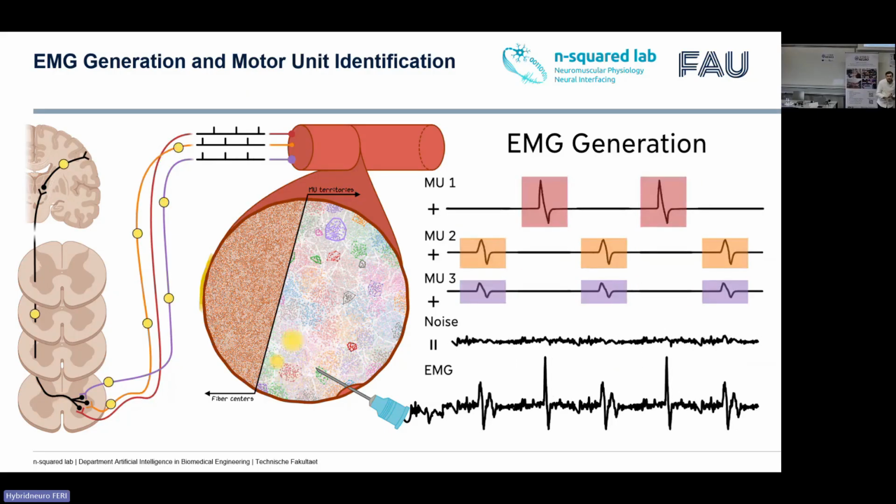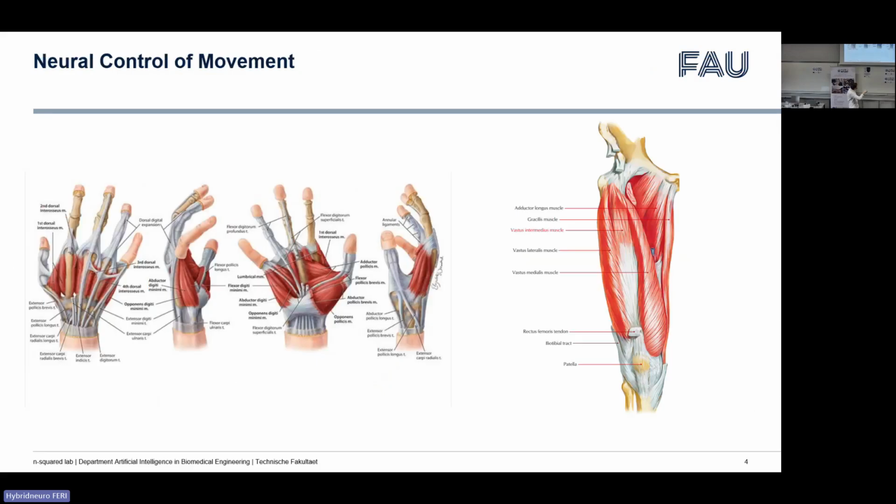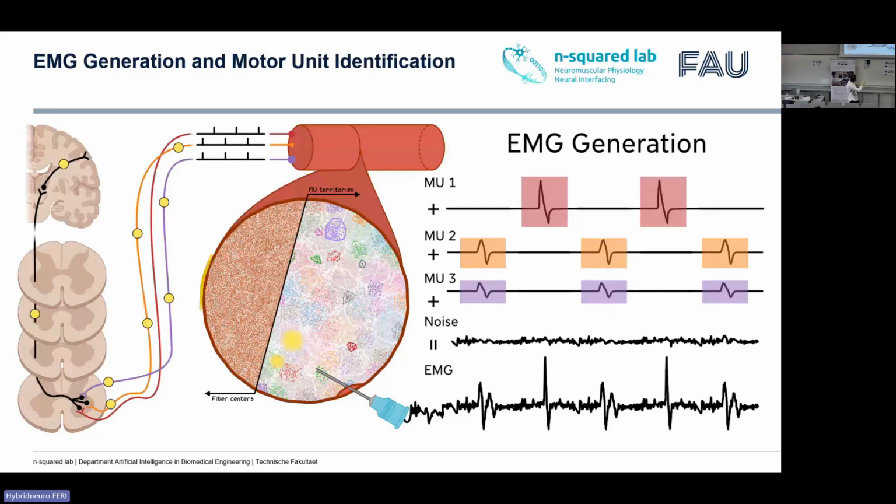What the field has been very interested in is to decompose this signal, to remove the constituent motor unit action potentials, so we can extract the neural code of movement. If you go from this signal to this signal, you basically have the effective neural drive to the muscle, which is the signal that makes us move. Then you have a muscle that is filtering this signal.